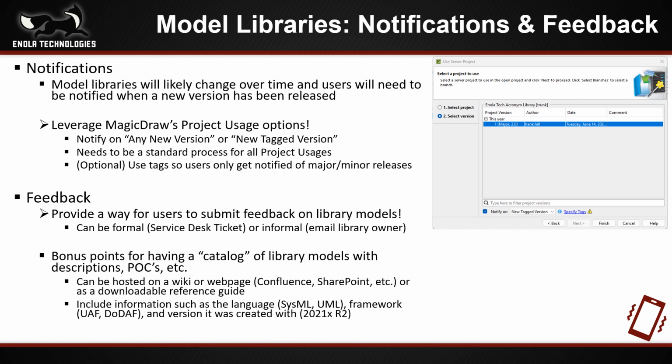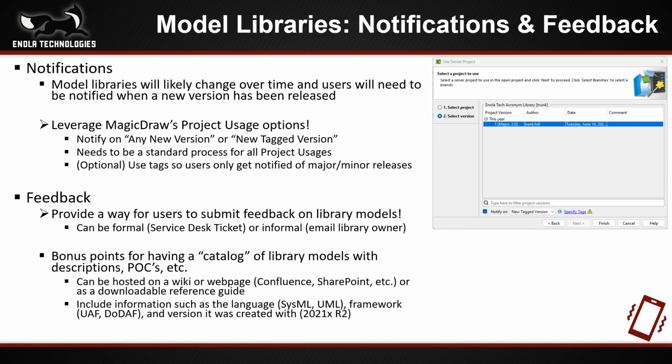But speaking of catalogs, bonus points for anybody who actually develops a model catalog of all their library models. And it is doable. It's something we were working on at NavAir before I left, and I've seen other organizations do it. It can be hosted on a wiki or a web page like Confluence or SharePoint, or it can just be a downloadable reference guide that lists all the libraries in your Teamwork Cloud. And it should include information such as the language: is it a SysML or UML model?